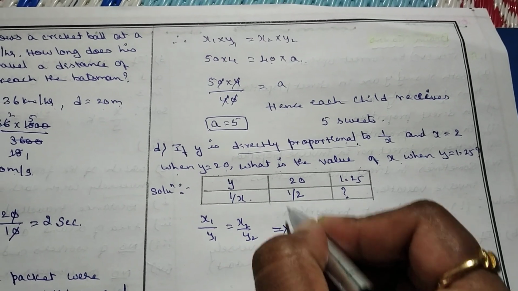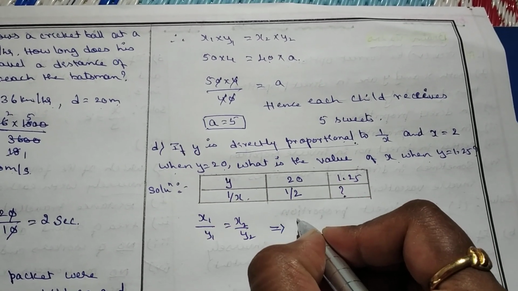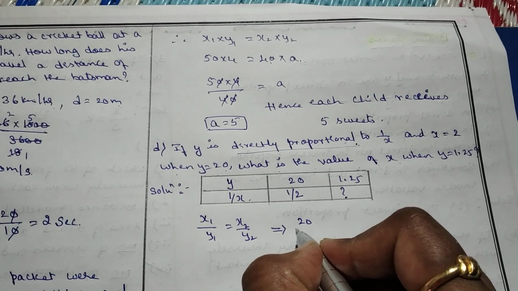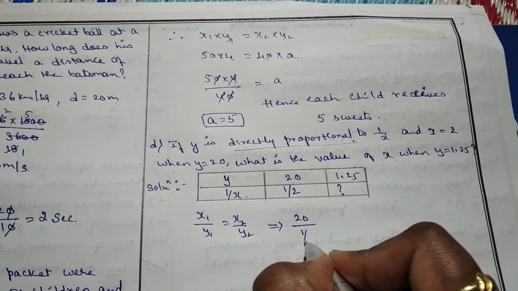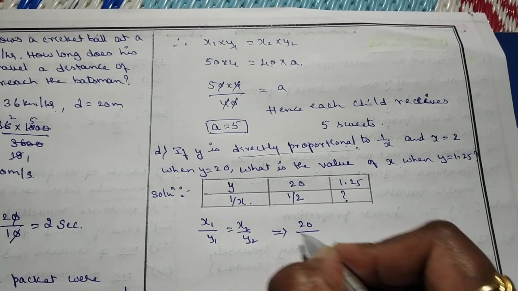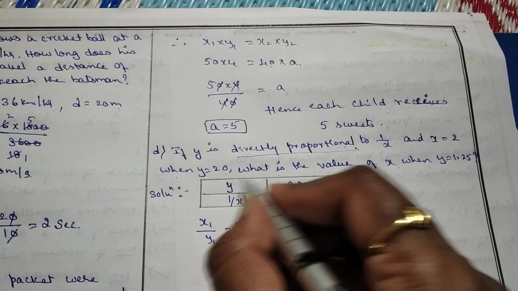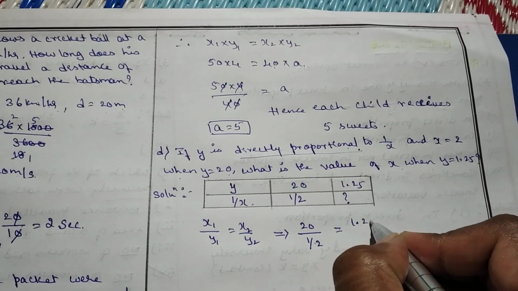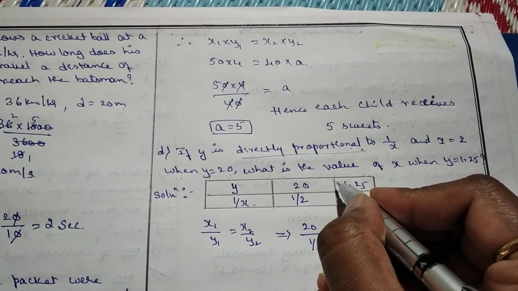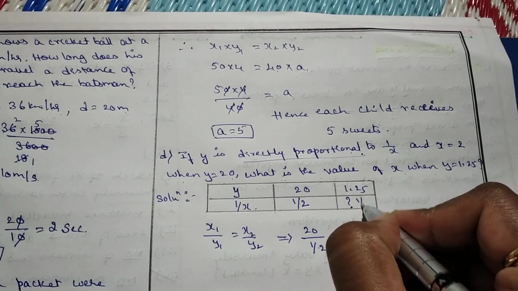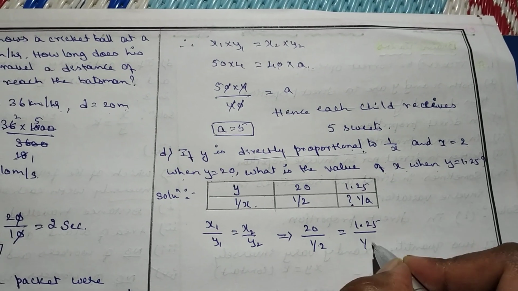So in place of x1 we have 20 and in place of y1 we have 1 by x, which is 1 by 2, equal to, in place of x2 we have 1.25 and in place of y2 let us assume 1 by a.